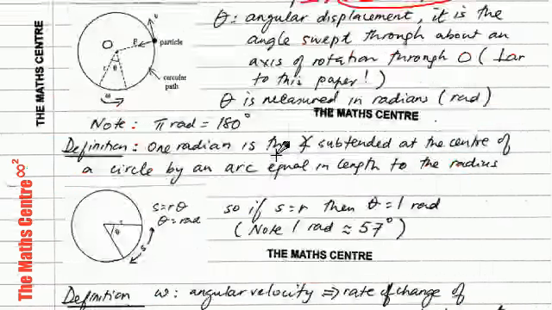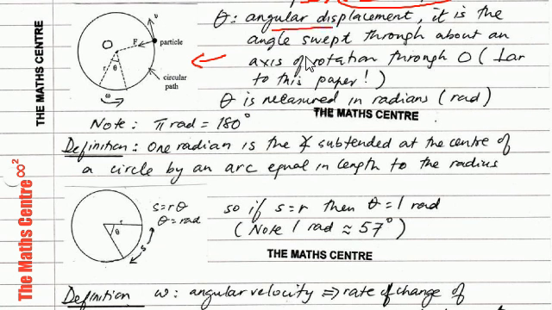First, let's look at two important terms: angular displacement and angular velocity. So keep an eye on this picture as we go through some definitions. Now, angular displacement, theta, is the angle swept through about an axis of rotation through O. This is the center O. Let's say we have an axis going through this point O perpendicular to your screen, and this particle here is in horizontal circular motion.